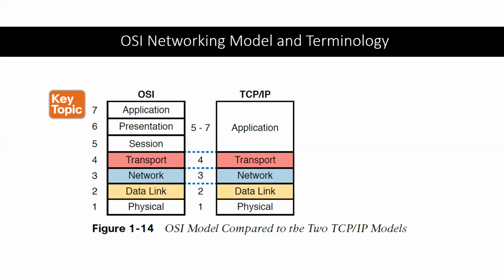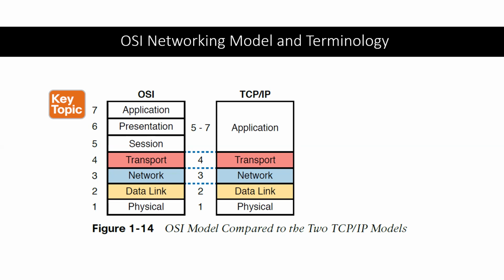As always, here's a great reminder: always look at your OSI networking model terminology, and understand the difference. On your left is your OSI networking model, and to your right, the TCP/IP networking stack.